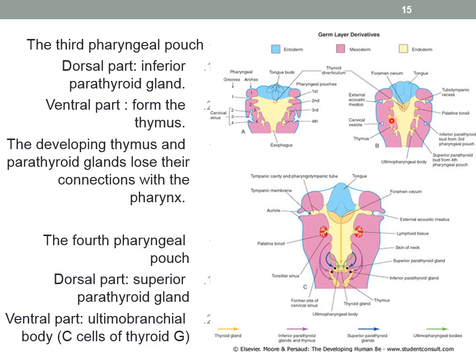The third one has a dorsal part and a ventral part. The dorsal part forms the inferior parathyroid gland, while the ventral part forms the thymus. The developing thymus and parathyroid glands lose their connections with the pharynx.